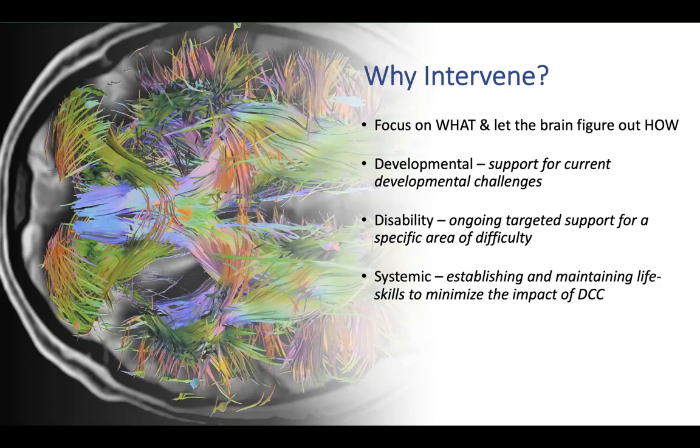Now, I'm going to expand this a little bit because of my concerns and experience with the DCC community. I think it's important to think in terms of systemic intervention.